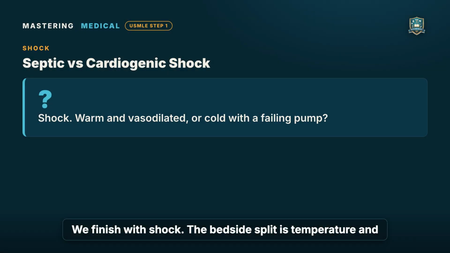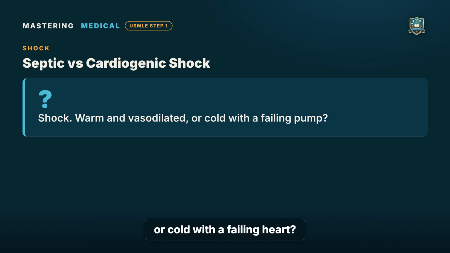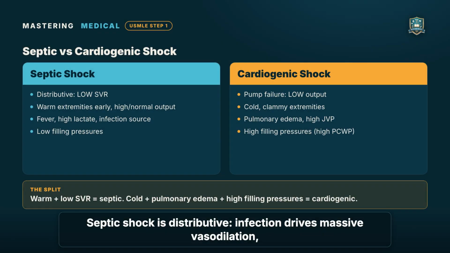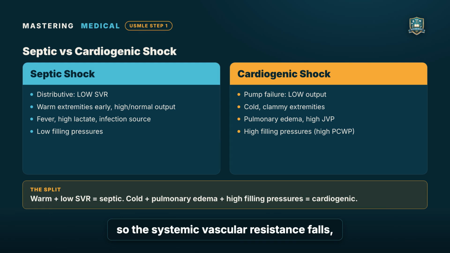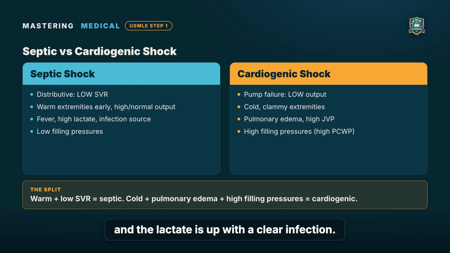We finish with shock. The bedside split is temperature and the pump. Is the patient warm and vasodilated or cold with a failing heart? Septic shock is distributive. Infection drives massive vasodilation, so the systemic vascular resistance falls. The extremities are warm early, cardiac output is high or normal, and the lactate is up with a clear infection.